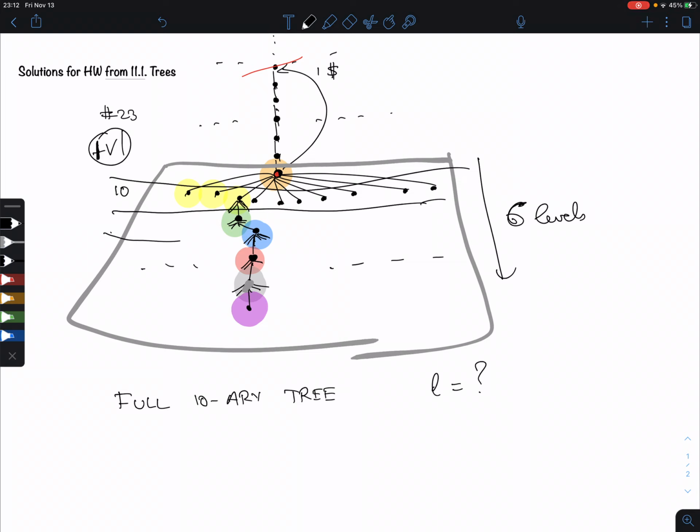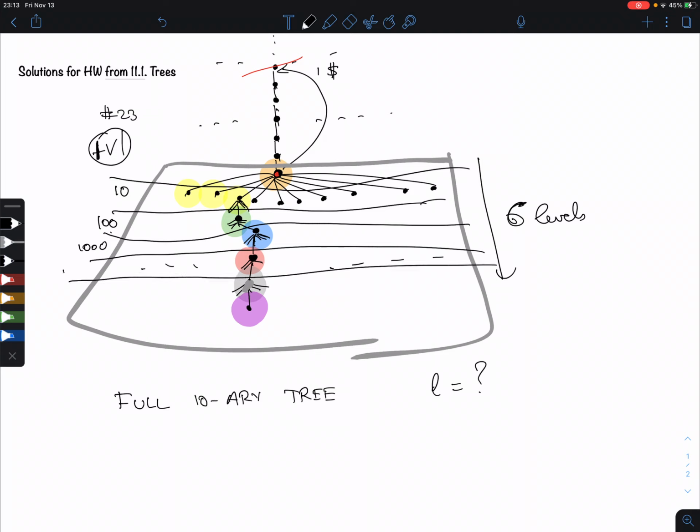How many green are there? So the next generation. Every yellow will have 10 children, so 100. So how many blue are there? 1,000. So how many red are there? 10,000. So how do you calculate the number of gray people?